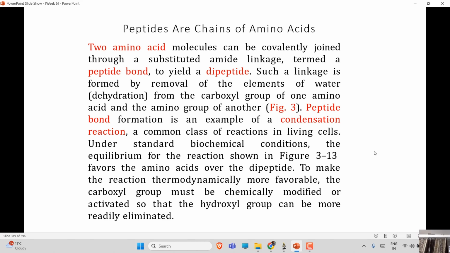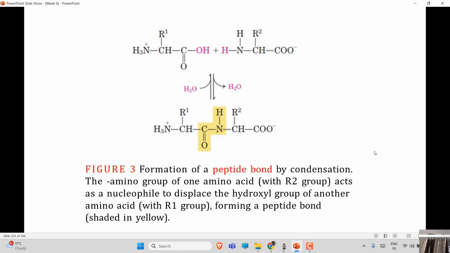Peptide bond formation is an example of a condensation reaction, a common class of reactions in living cells. Under standard biochemical conditions, the equilibrium favors the amino acids over the dipeptide. To make the reaction thermodynamically more favorable, the carboxyl group must be chemically modified or activated so that the hydroxyl group can be more readily eliminated.